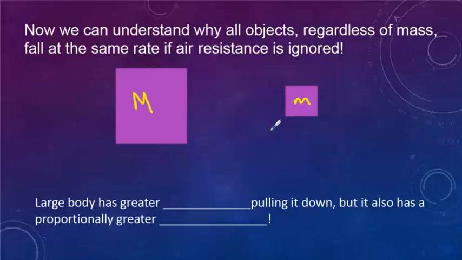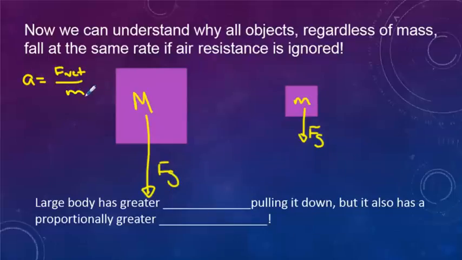So if we have two masses, big M and little m, the little mass is going to have a little weight, whereas the big mass is going to have the larger weight. So if we set up Newton's second law for both of these, a equals F net over m, well in this case m is big M, and for the small mass we have the mass little m.